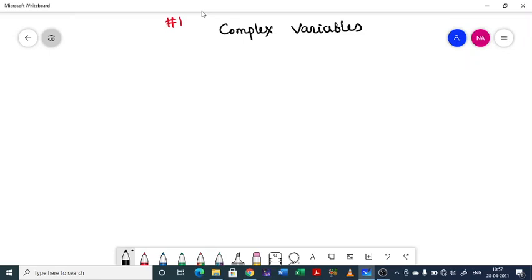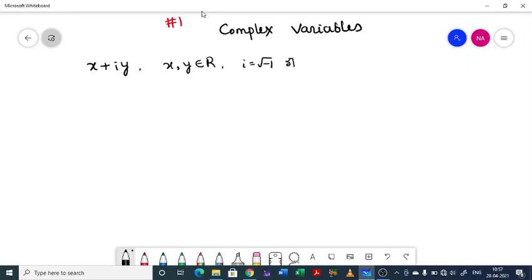A number that is of the form x plus iy, where x and y are real numbers, that we write like this. In symbolic form, we write x, y belongs to R, where this symbol R means the set of all real numbers. So a number of the form x plus iy, where x and y are real numbers and i represents square root of minus 1.